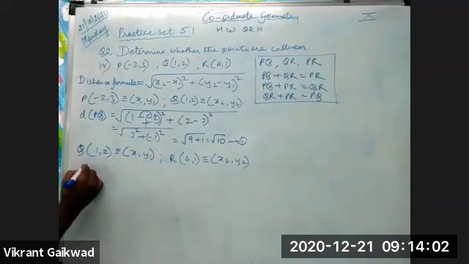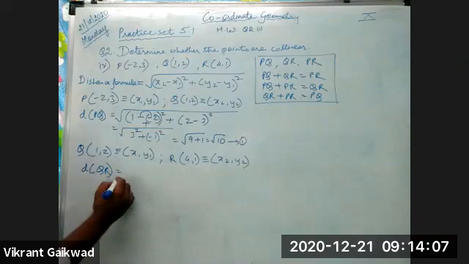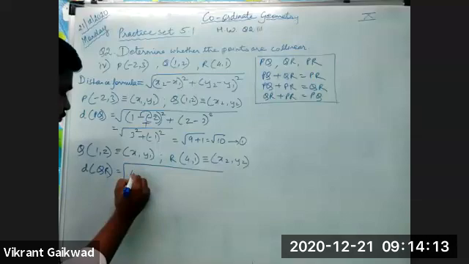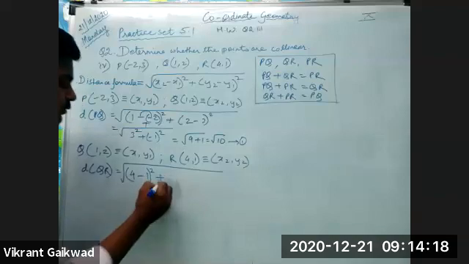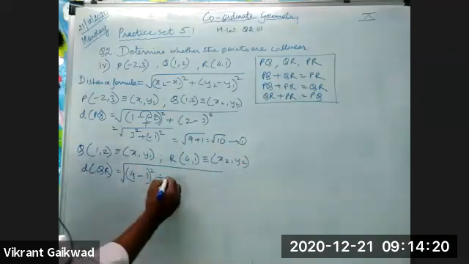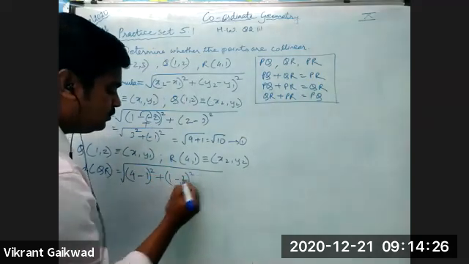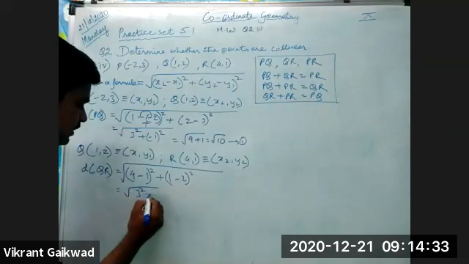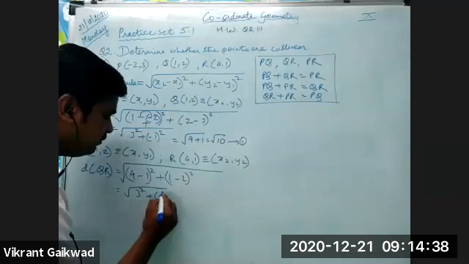So the distance QR equals the square root of: x2 is 4, x1 is 1, so (4 minus 1) the whole square plus y2 is 1, y1 is 2, so (1 minus 2) the whole square. 4 minus 1 is 3, so 3 square plus 1 minus 2 is minus 1 square.